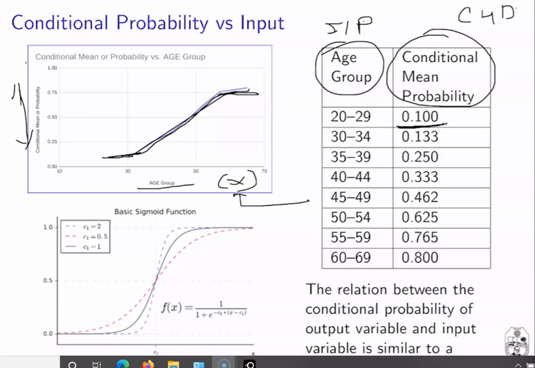So this kind of graph has a shape of elongated ears. The nature of this graph is called elongated ears. You see, this is the ear-shaped graph, and this ear-shaped graph can be represented with a function called the sigmoid function.